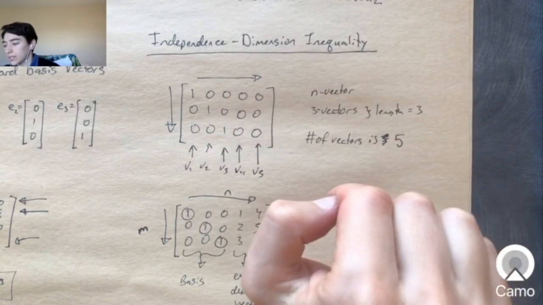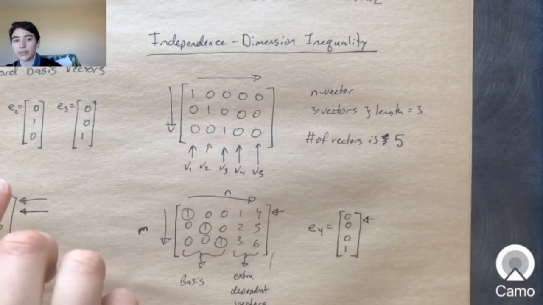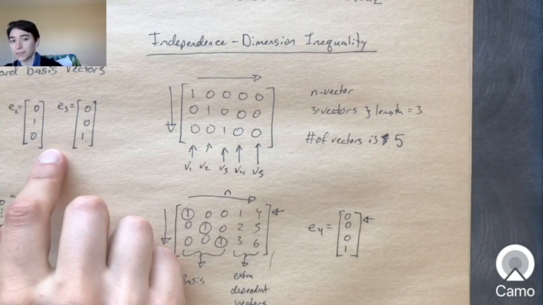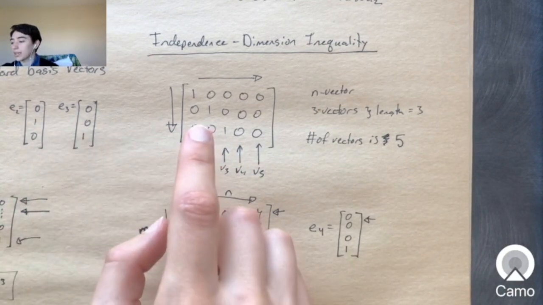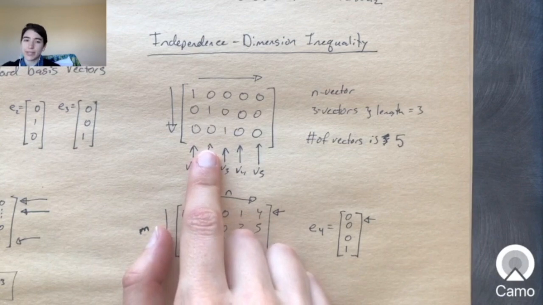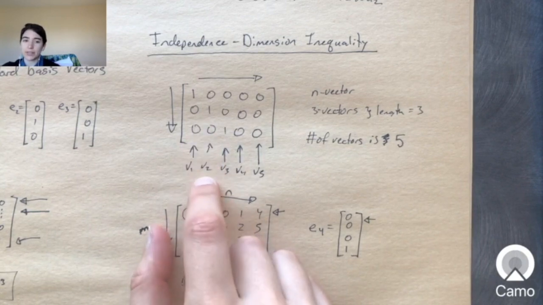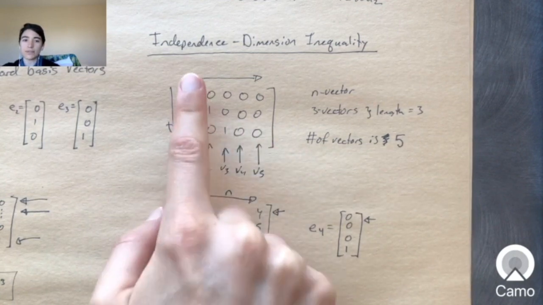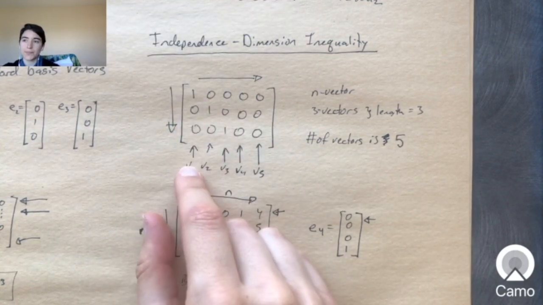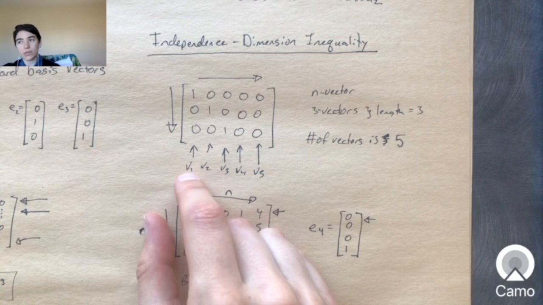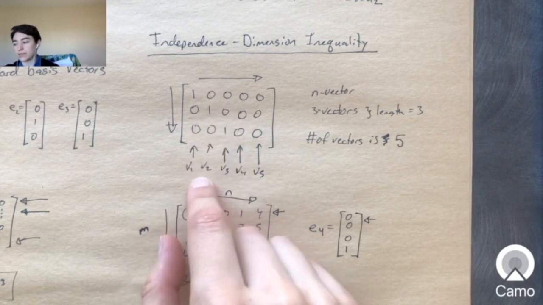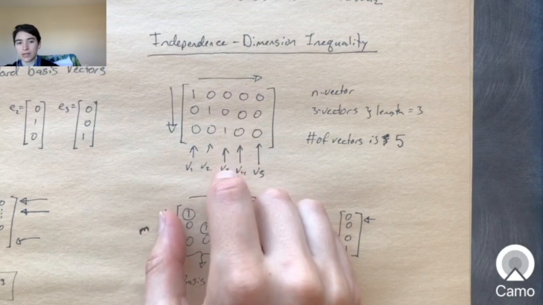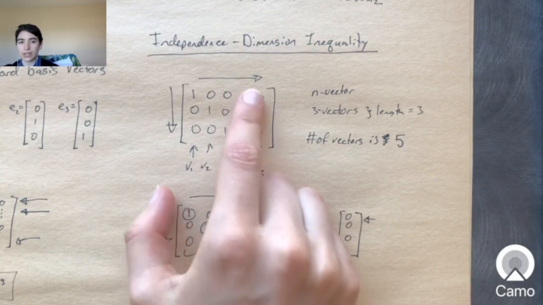So what I want you to be able to see here is, given that we were just talking about these basis vectors, we can see that this vector, vector 1, vector 2, vector 3, vector 4, vector 5, this first vector is the standard basis vector for dimension 1. And this is a standard basis vector for dimension 2. And this is a standard basis vector for dimension 3. And then we've got some others.